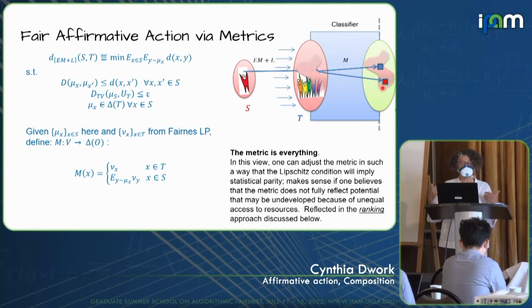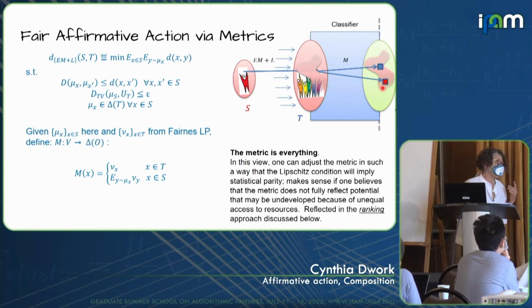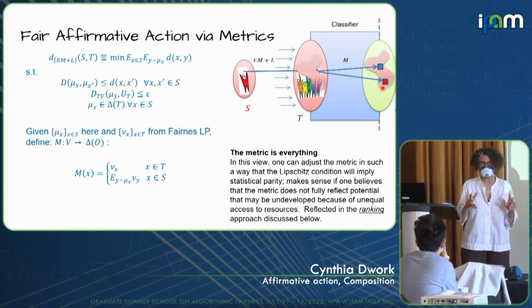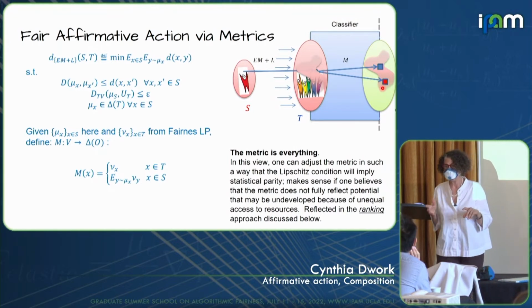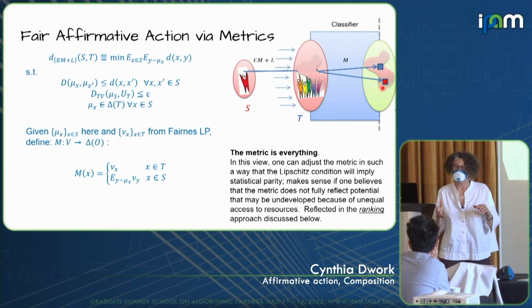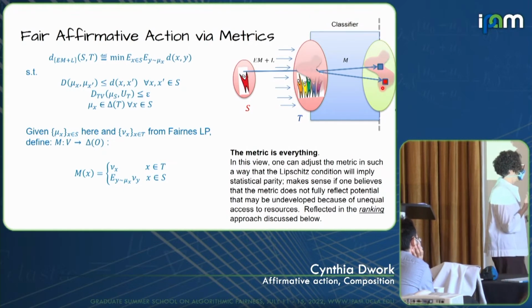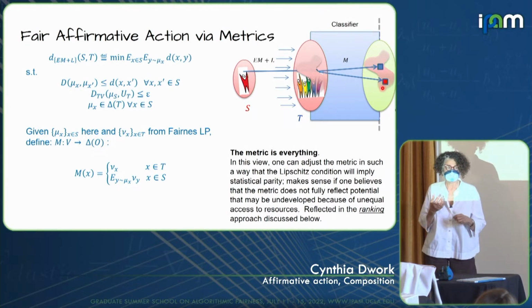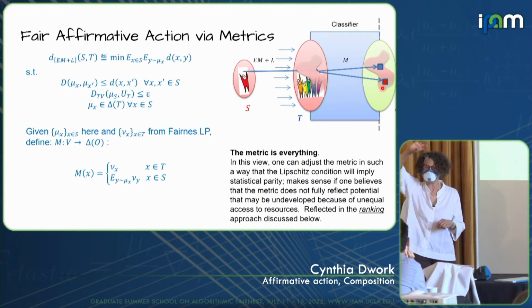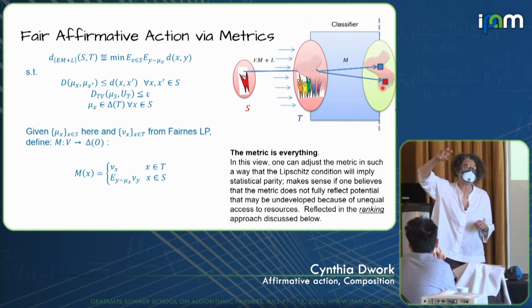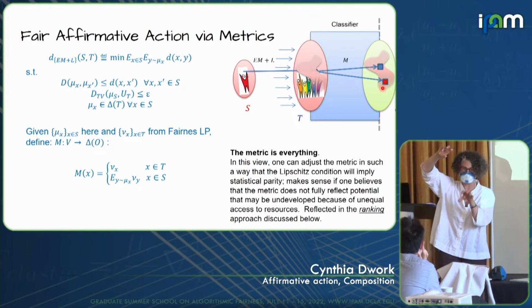But it also captures a different point of view, which says, yeah, there is a metric here, but the metric isn't taking into account somehow the reasons for why this person in this group is more likely to have a positive outcome than this person in this group.